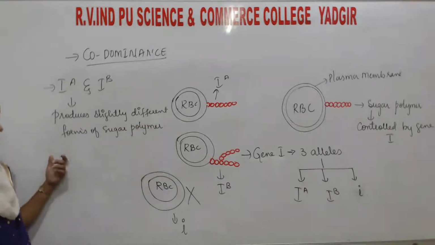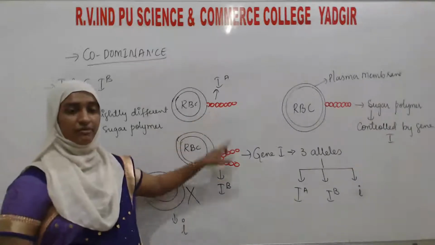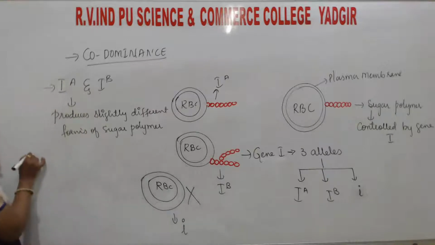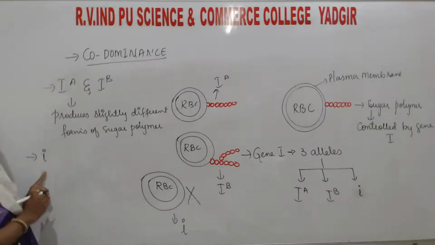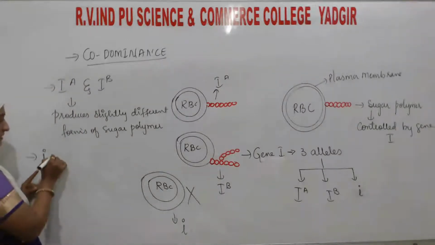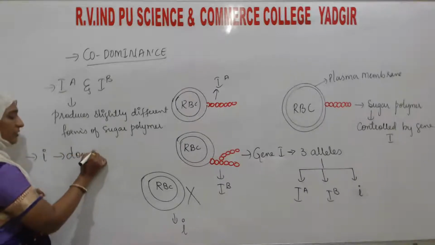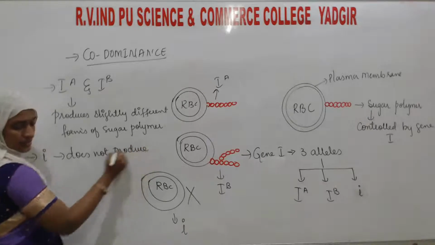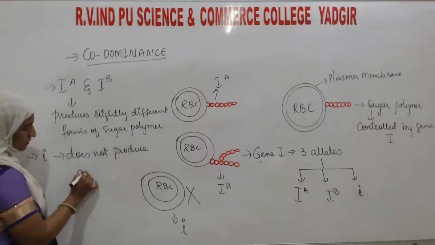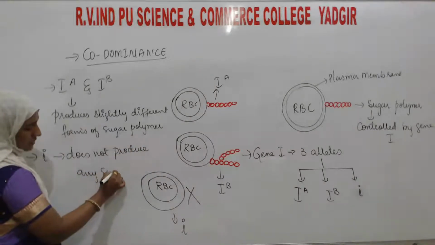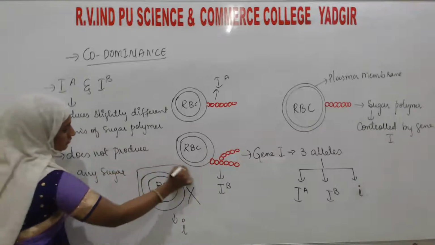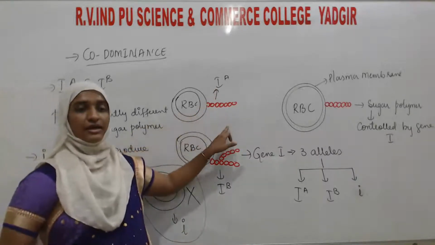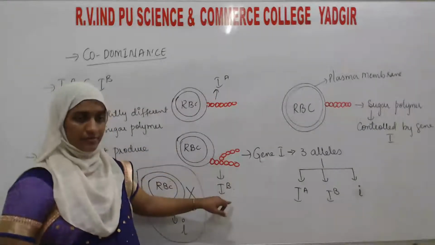They are slightly different from each other. Then the gene small i does not produce any sugar. This is the gene IA, this is the gene IB.